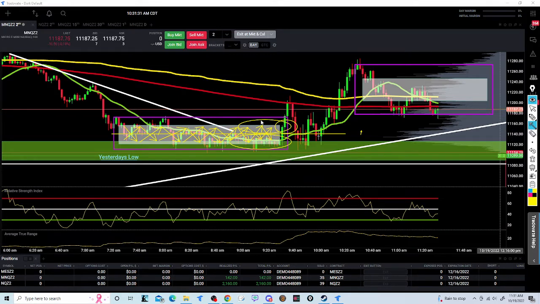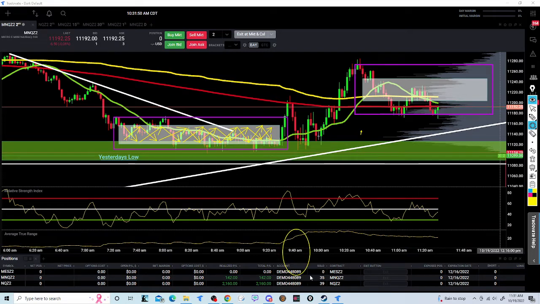So again, we just identified one area. I'm not going to use this example as how to trade the range because of several reasons, and I'll discuss them real quick. One, we are at the opening bell.